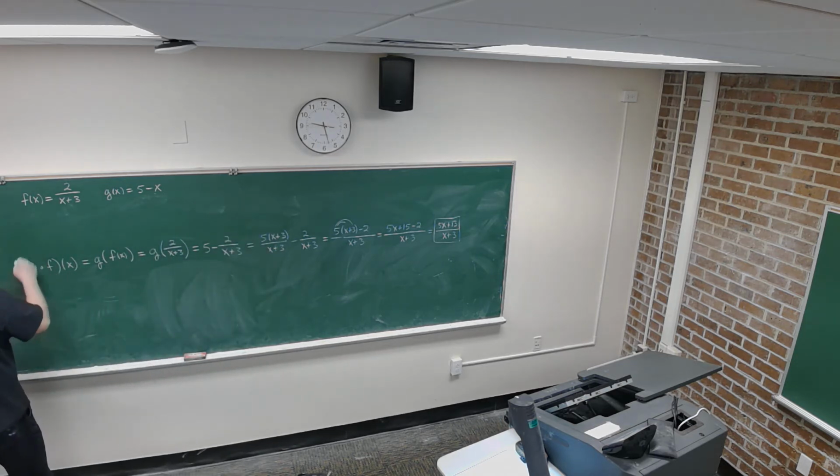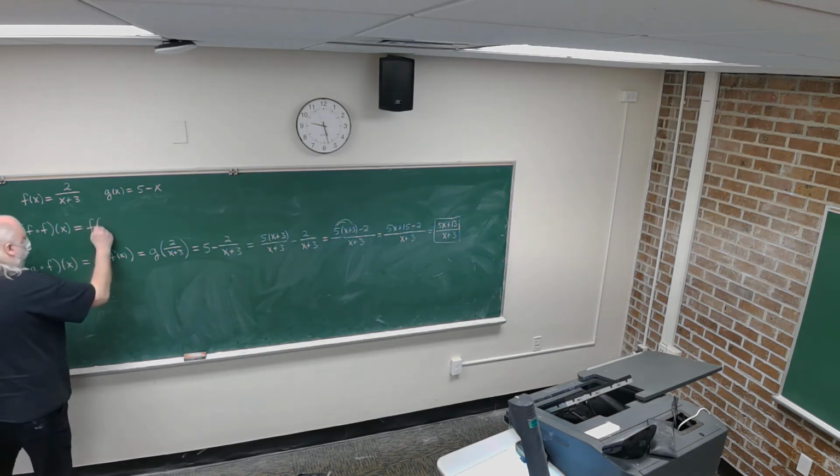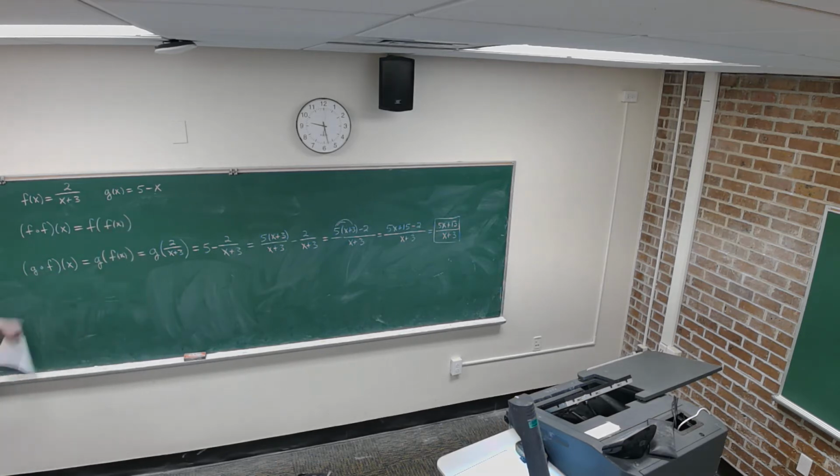So in C, we have the composite of the function f with itself. So this is equal to f of f of x. You see the g here? Replace it with f. And so we just end up with f of f of x.